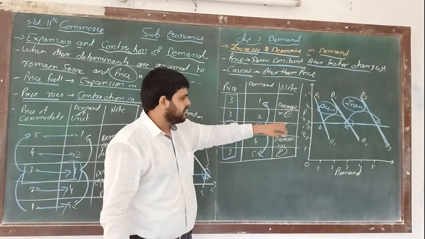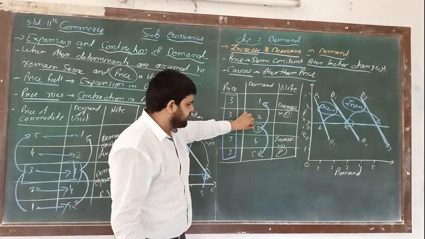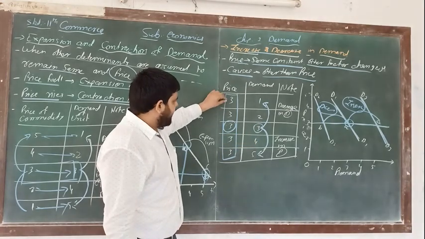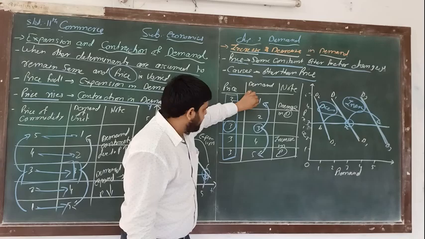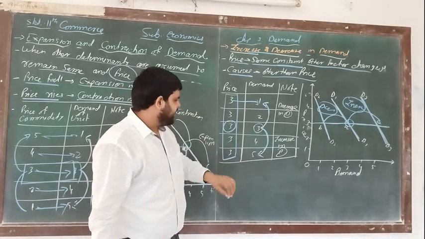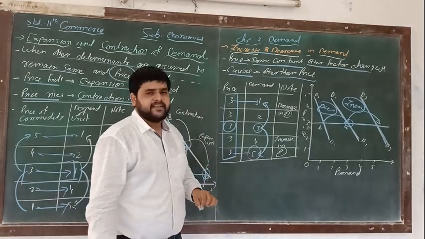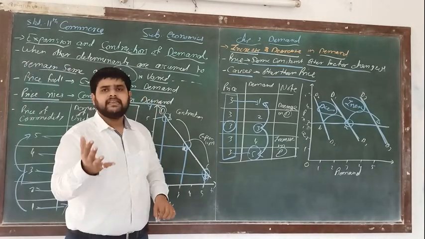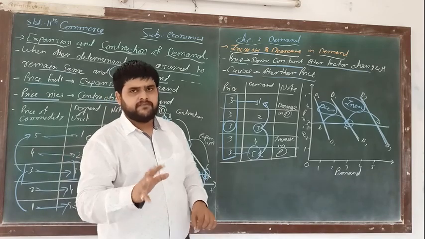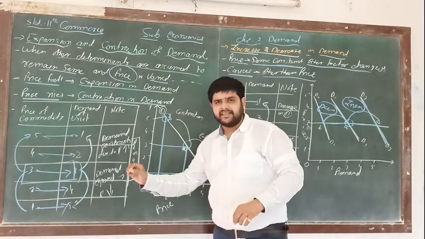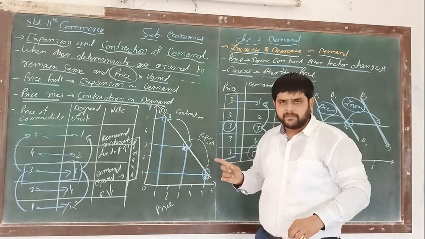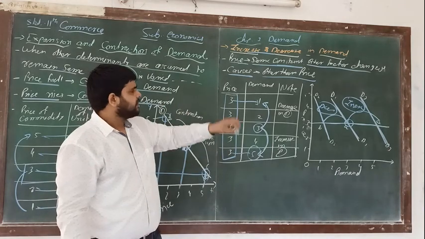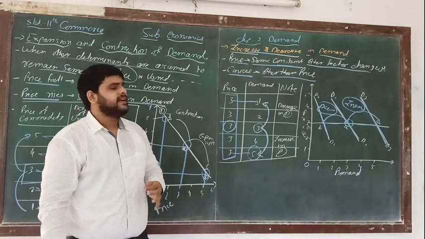D1 shows the basic price and basic demand. D2 is when the price is the same but due to some reasons demand decreases. And D3 shows that the price is the same but due to other factors demand is increased. So in short, when there is a change in price, it's expansion and contraction of demand, and when factors other than price change, it's an increase and decrease in demand.